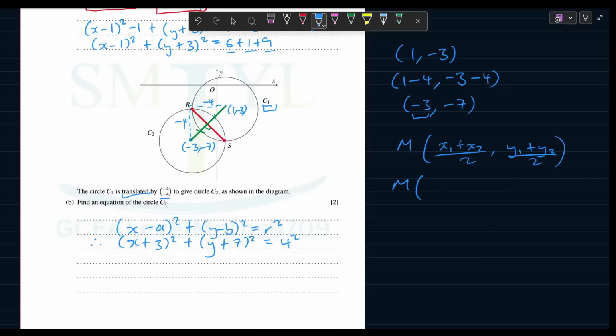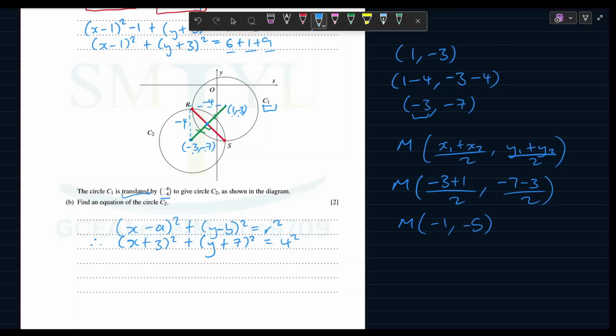So our midpoint is going to be (-3 + 1)/2, and then (-7 + -3)/2. This is -2 over 2, so -1, and -10 over 2, -5. So our midpoint has coordinates (-1, -5). So that's this point over here.